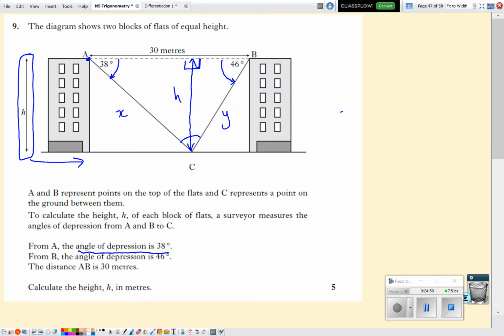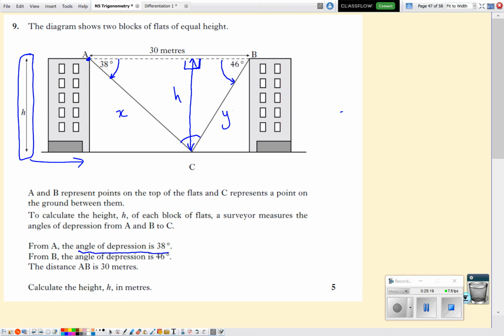You're looking at this and thinking, how am I going to get that middle height there? I can't use any trig to get that. Well, it's not impossible. What is there to work out? There's an angle there to work out, and there's two sides to work out. So we just have to pick something and go with it.